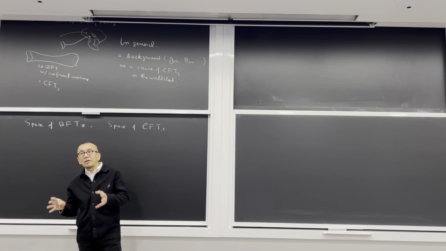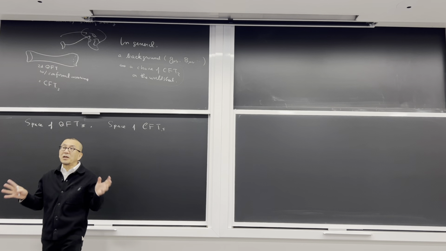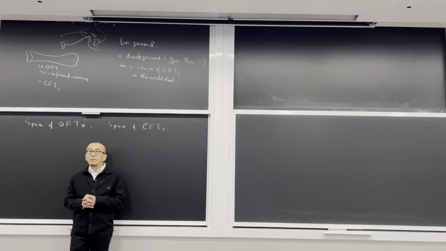But it's also nice because in two-dimensional conformal field theory, we have more tools because the Virasoro algebra is bigger than the conformal symmetry in higher dimensions. In two-dimensional conformal field theory, you have larger symmetry, but there are more conformal field theories too. And let me explain what I mean by there are more conformal field theories.